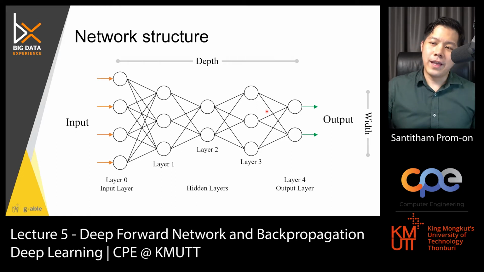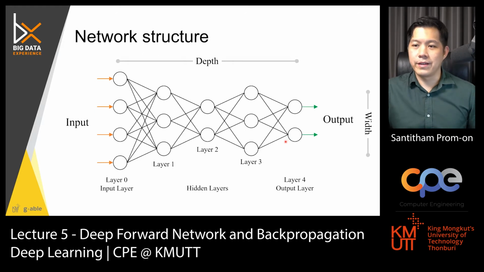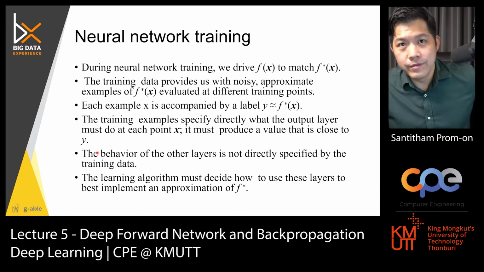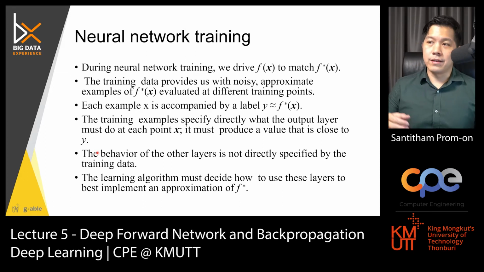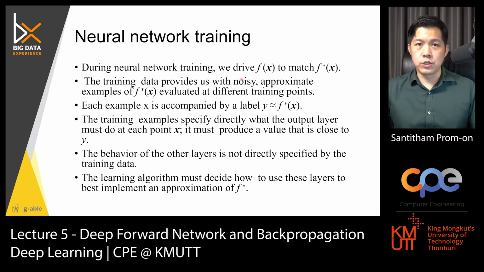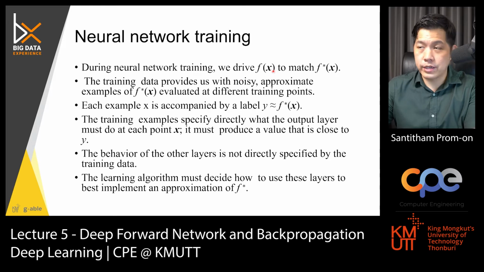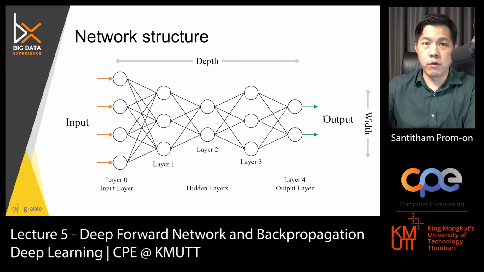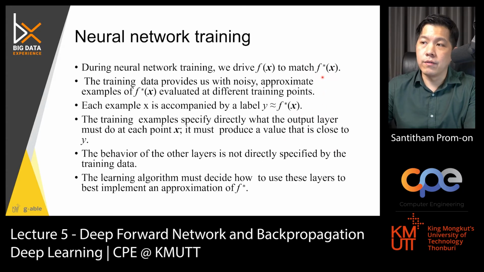So layers 1, 2, 3 are hidden layers, and layer 4 is the output layer. We also have the input layer, which doesn't compute anything, it is just a layer that receives input. During network training, we try to train the models in such a way that f(x) would match f*(x). f(x) is the output of the model, and we drive it to match the actual output.